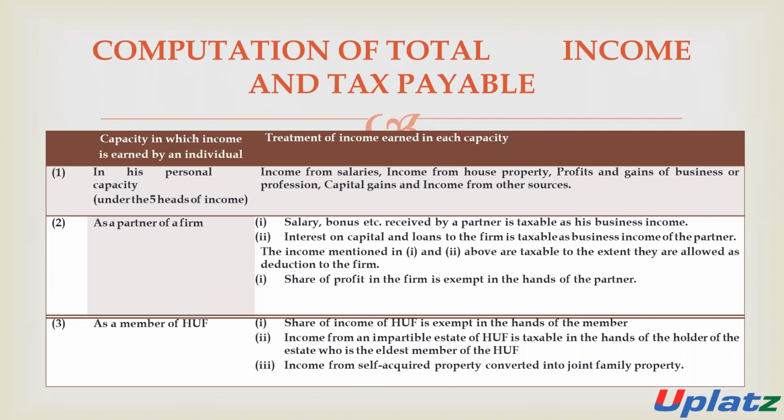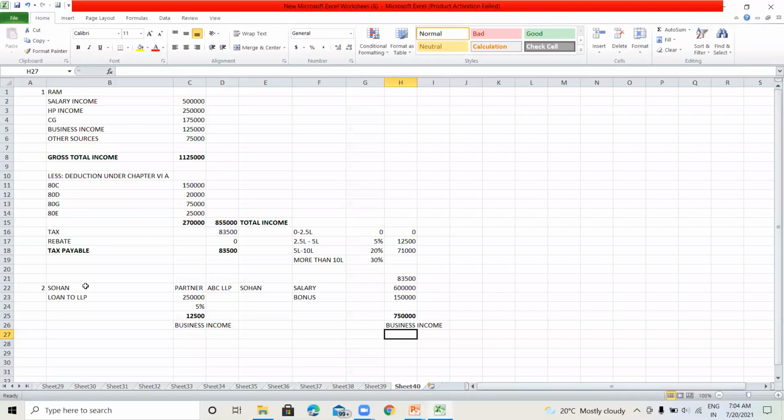Number 3, share of profit in the firm is exempted in the hands of the partner. Means the partnership firm profit will be distributed between the partners and it will be taxable in the hands of the partnership firm, but exempt in the hands of the partners. For example, Mr. Sohan is a partner in ABC LLP, and in such an LLP there are 3 partners: Sohan, Mohan, and Ram.